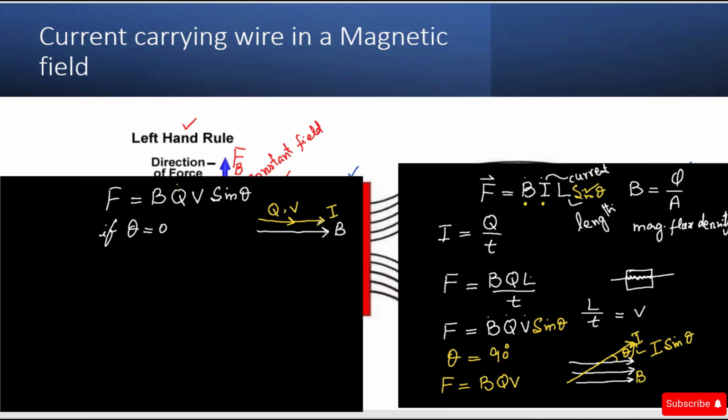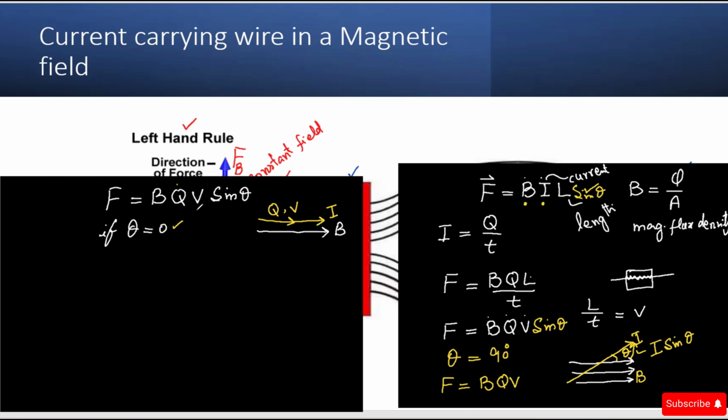You can say the magnetic field is blind, so the charged particle can pass by unaffected. So this theta should not be 0 to experience any force from the magnetic field.